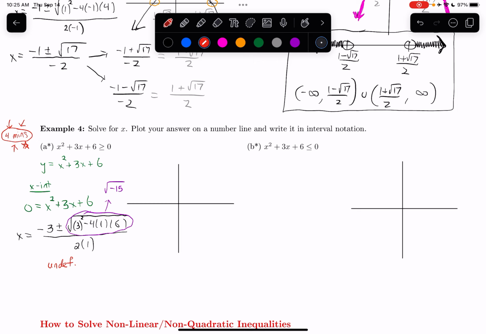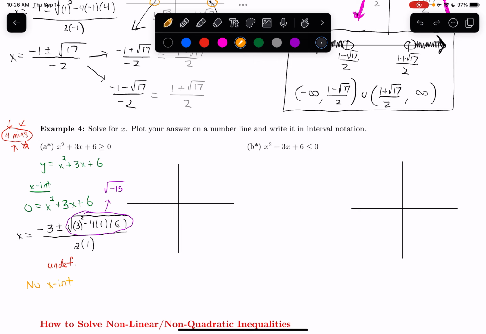This means there are no x-intercepts. I would need complex or imaginary numbers to express these answers, but I'm not going to have any real values for these x-intercepts. So my parabola doesn't have any x-intercepts.